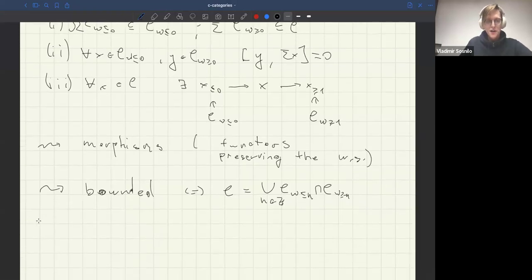You can also make sense of the heart, again, similar to the notion for t-structures.